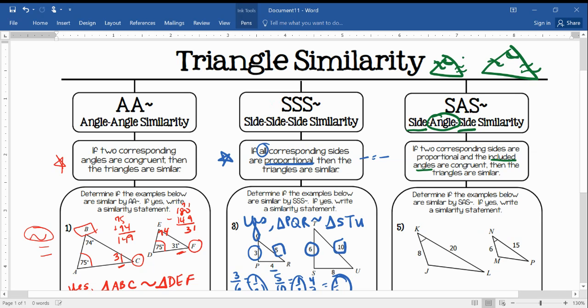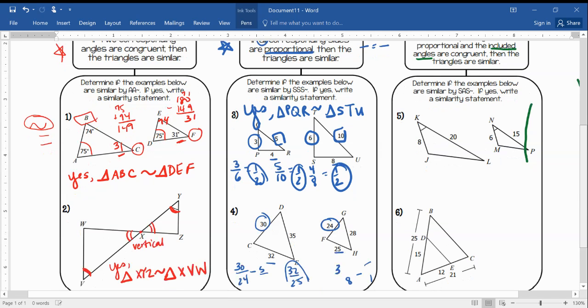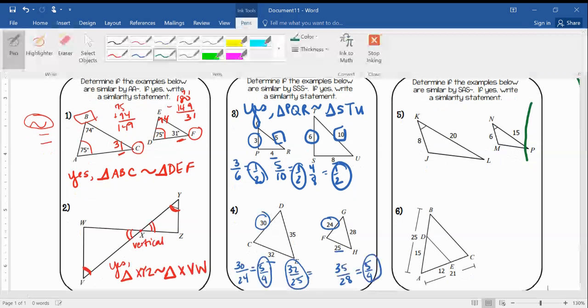This angle has to be in between these two sides. You see how it's not out here by itself, not in between those two sides. I mean, the sides of the triangle form the angle is what I'm trying to say. So that's an included angle. So we need to see down here if either of these examples we've got are going to work.